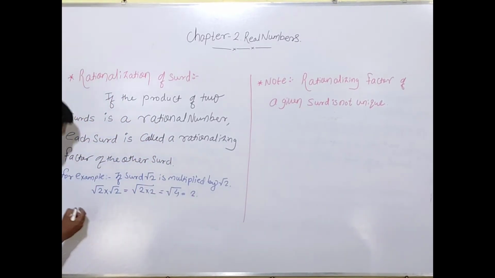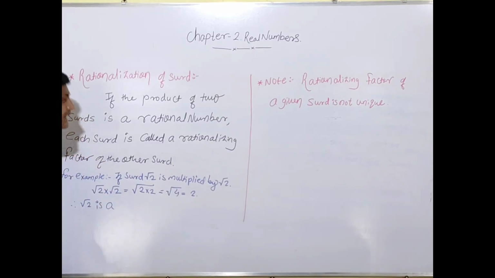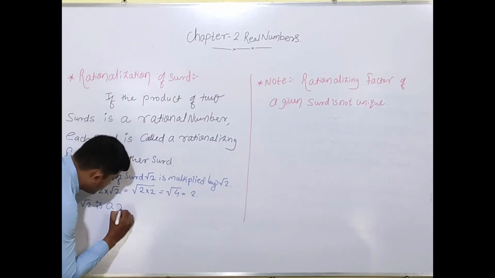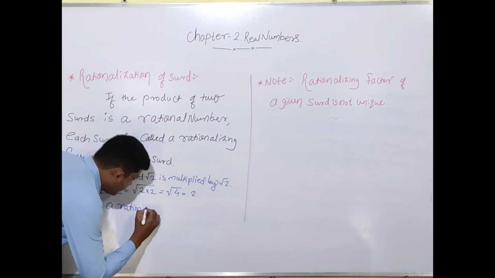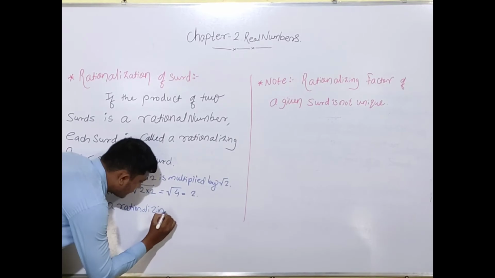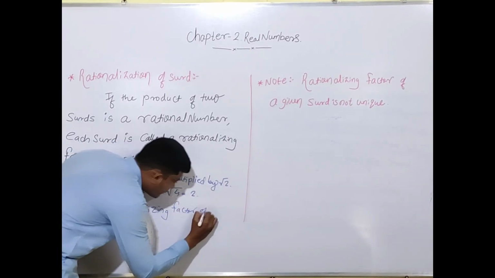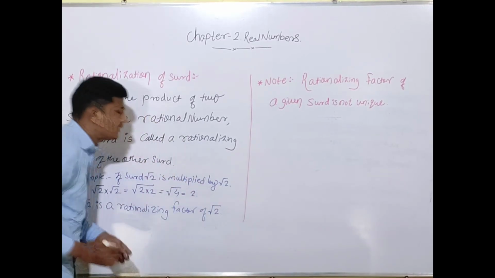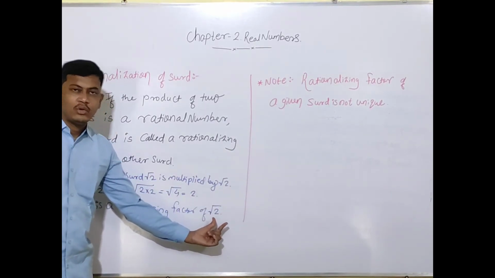Therefore, root 2 is a rationalizing factor of root 2.